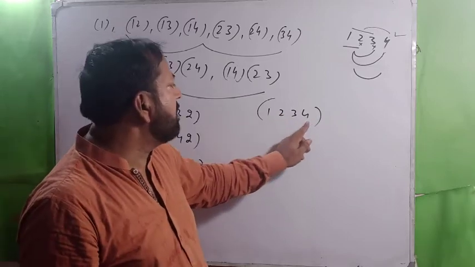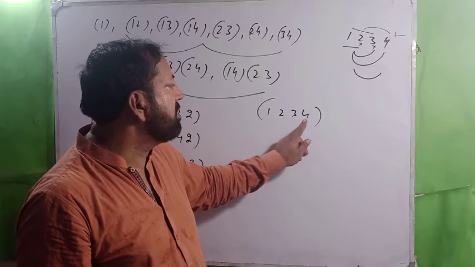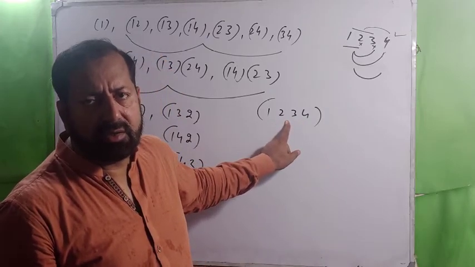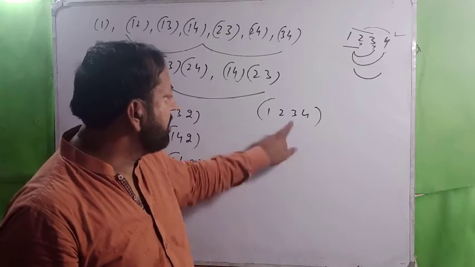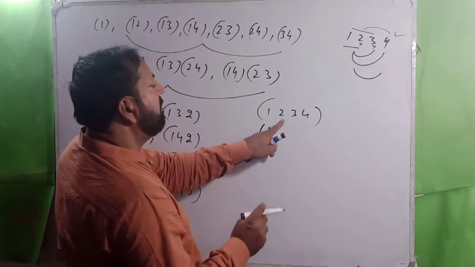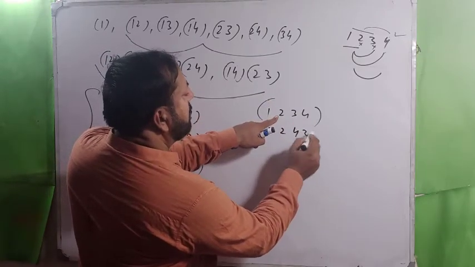So you can apply the formula for S3 on these 2, 3, 4 to get these 6 permutations, right? So you fix 1, and we are fixing 2, this is (1 2 4 3).